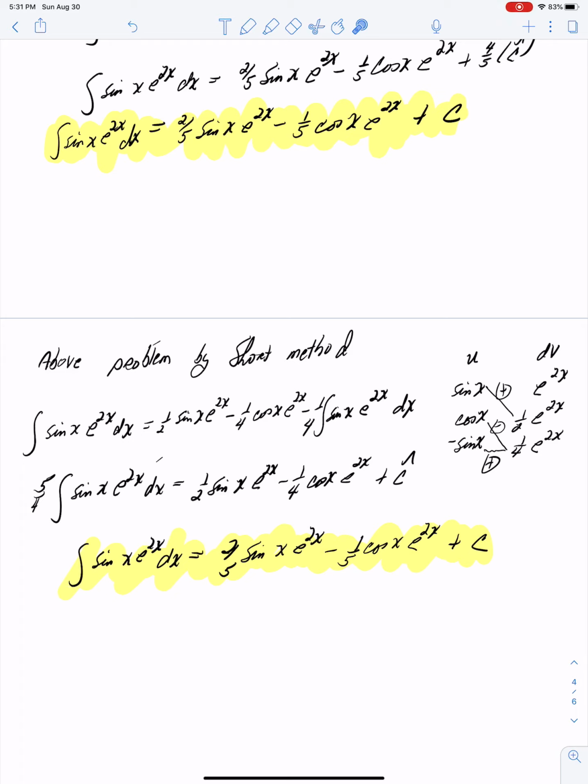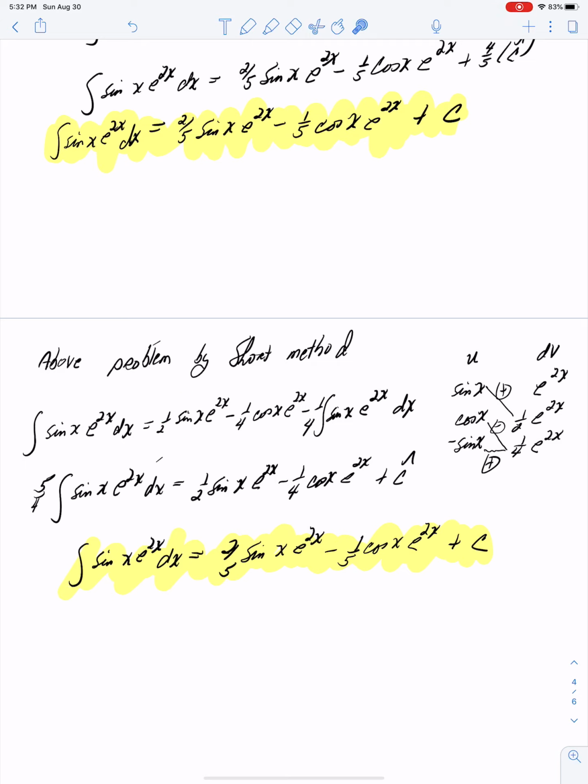And now, how do we write down our answer? Well, it's going to be uv. Remember, this is dv, so our first v is right here. Oh, by the way, don't forget to alternate the sign. So I put plus here, minus here, plus here, and we're going to take that into account. So it's uv: sine x e to the 2x divided by 2.